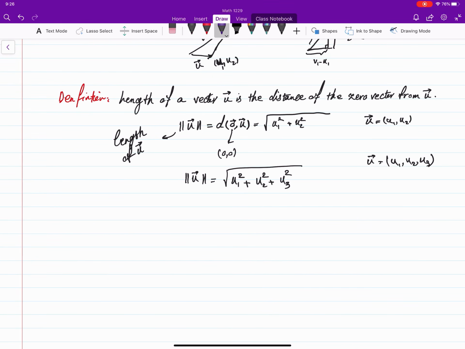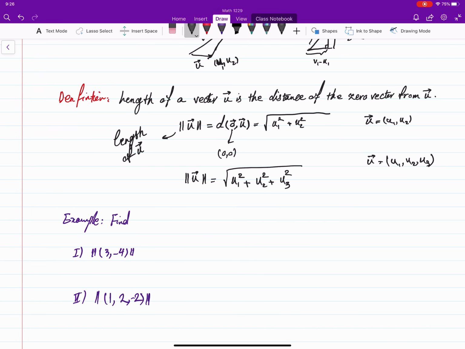Before we go, let's just do some examples. Find the length of the first one, 3, negative 4, and the second one, 1, 2, negative 2. Well, you have to know the notation now.